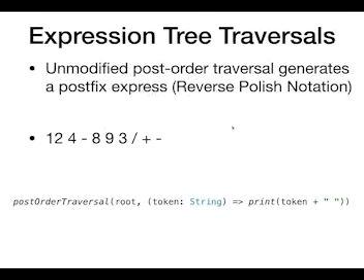So if we go to that tree that we had, that expression tree, which is representing the same expression from last lecture, and run a postfix expression completely unmodified, we're just going to run our standard post-order traversal because we don't need any parentheses here. In postfix notation, we will get our postfix expression out of that. Or reverse Polish notation. If you're Googling this, sometimes people like to call it reverse Polish notation.